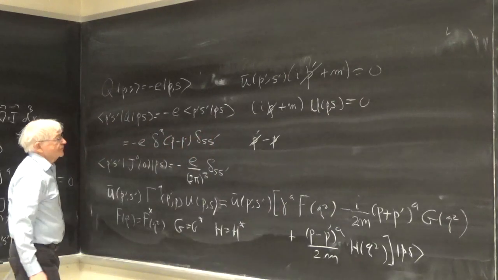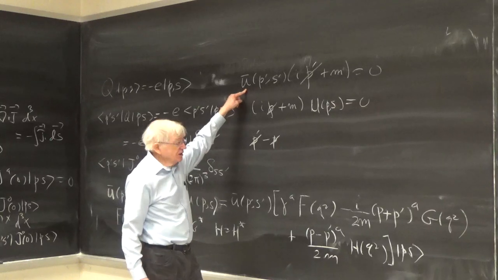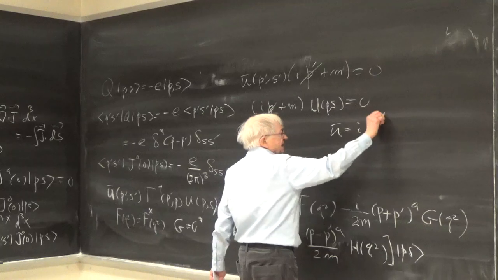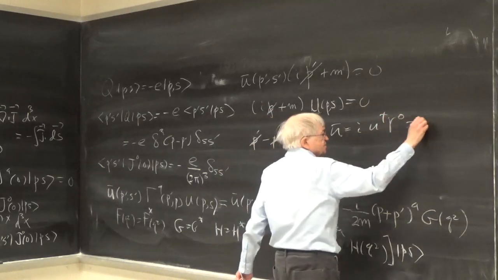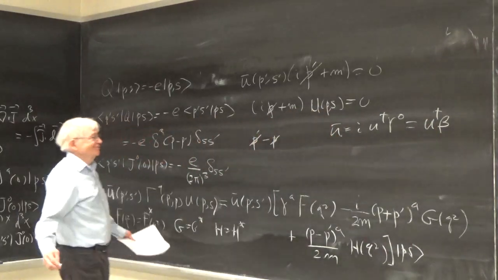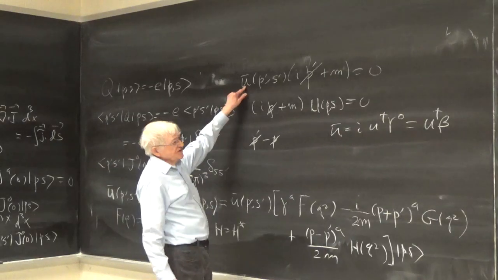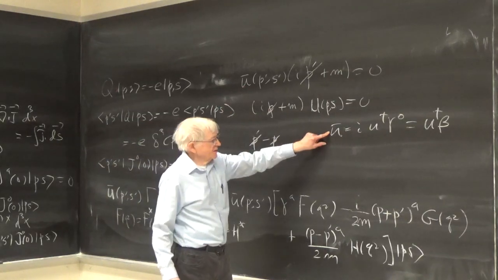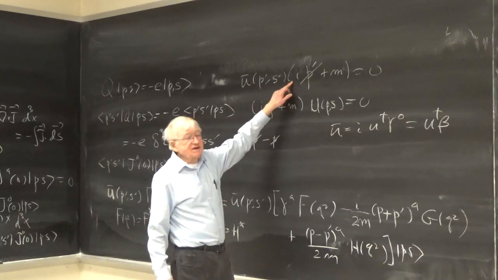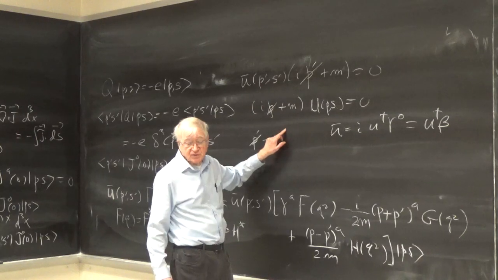And one of the reasons, by the way, for this notation, ū, and remember ū is i u dagger gamma 0, and this is written as u dagger beta. So that's just the jargon of the trade. One of the reasons for this bar notation is that then the equation in momentum space for ū looks like the equation for u.